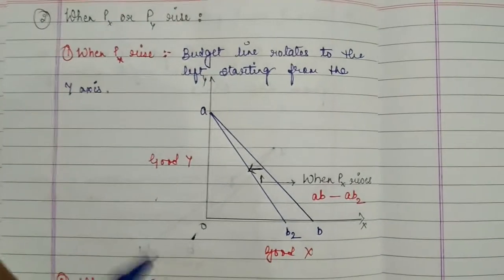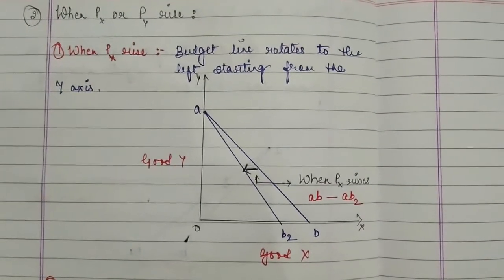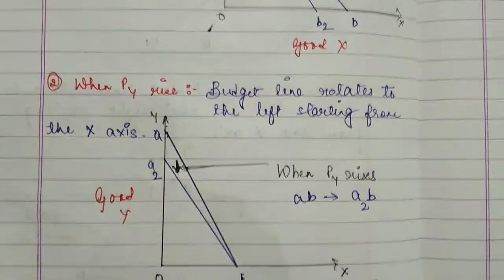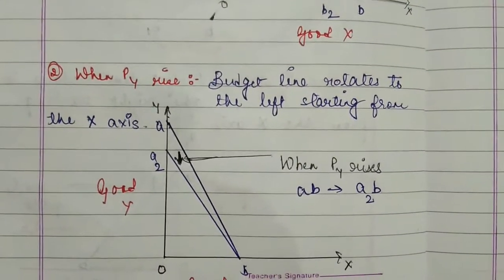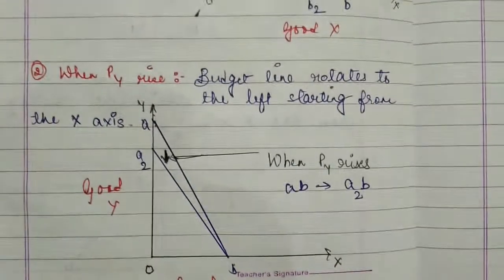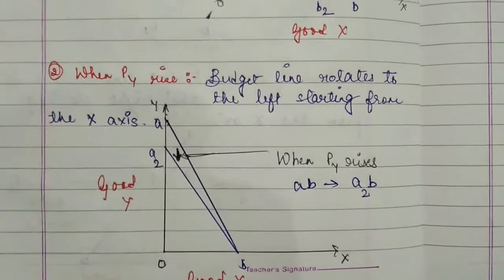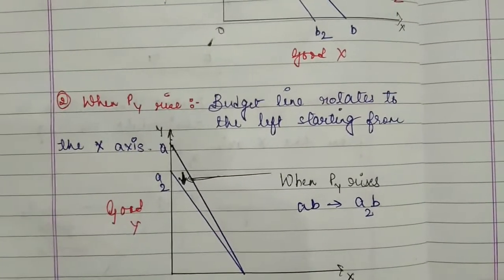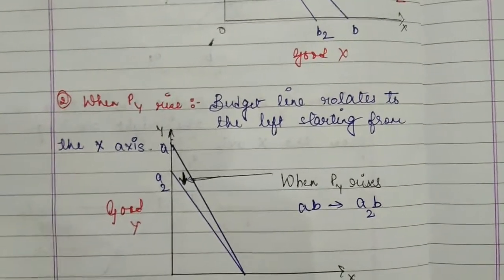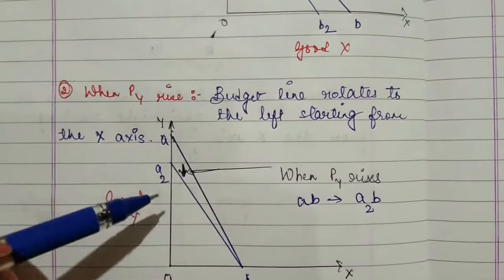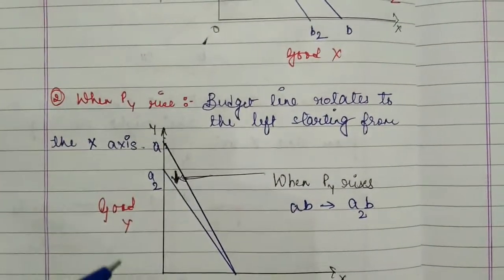Now we will see what happens when the price of good Y rises. When the price of good Y rises, the budget line rotates to the left starting from the x-axis. That means if the price of good Y is 15 rupees and it is increased by 3 rupees to 18 rupees, the consumer will purchase less of good Y and the budget line will rotate to the left starting from the x-axis.